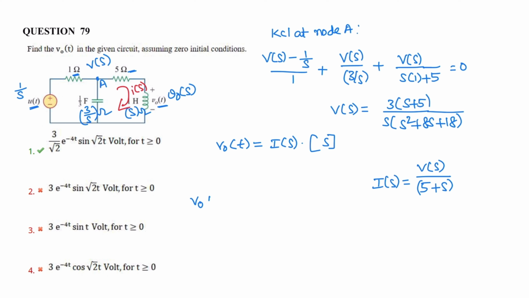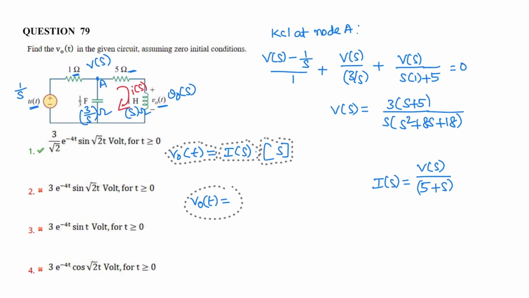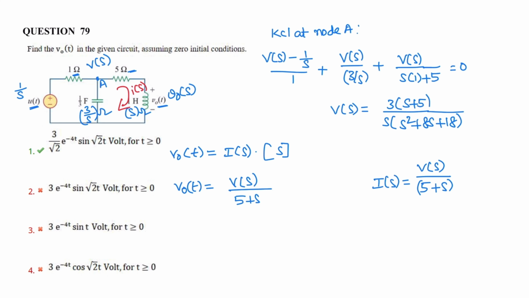V naught of t is equal to I of s, which is V of s by 5 plus s, into s. Substitute V of s here. Now it will become V naught of s.